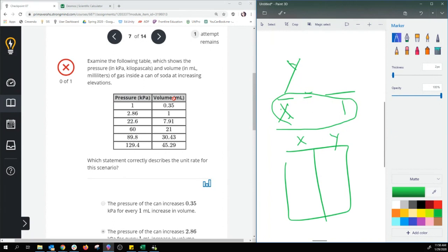Pressure, yes. So since pressure is first, pressure is our X. And if I look through here, there is a 1. The very first one for pressure is a 1, which is what I'm looking for.